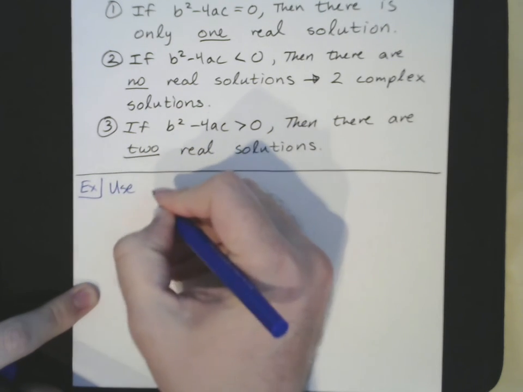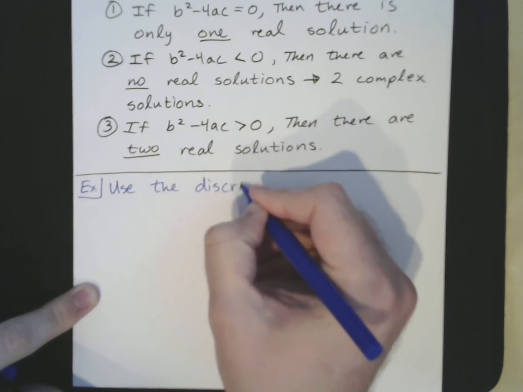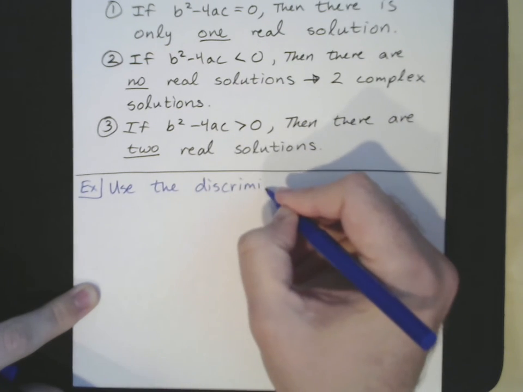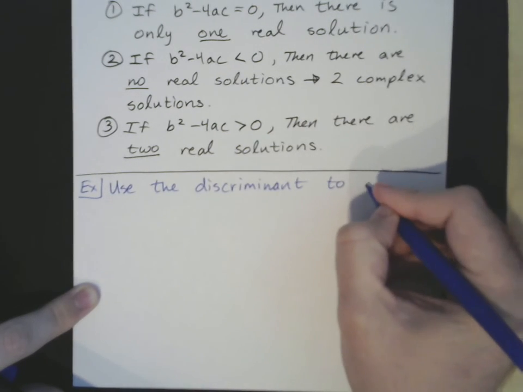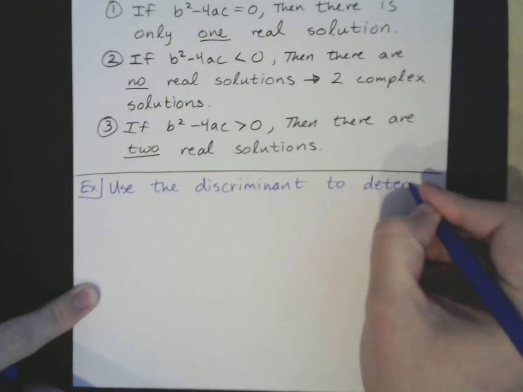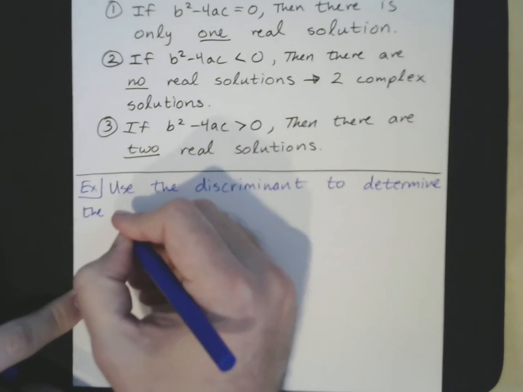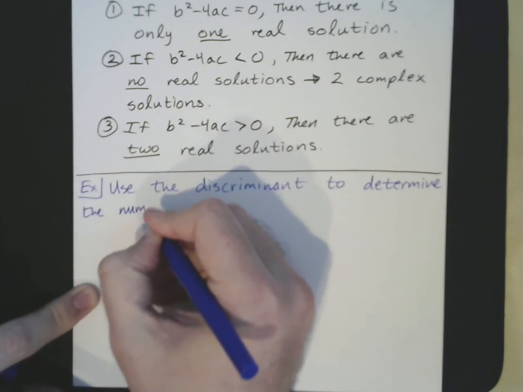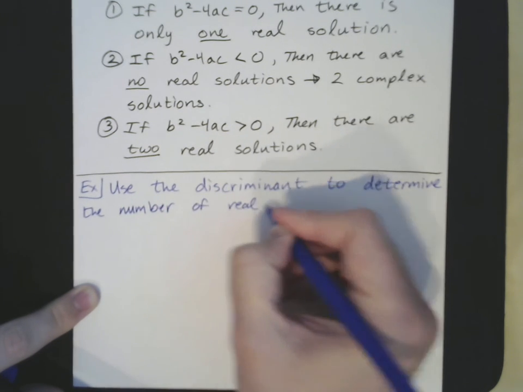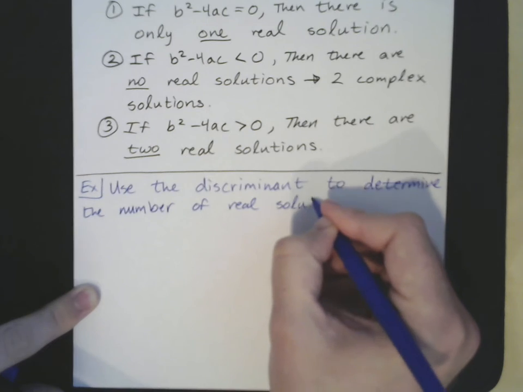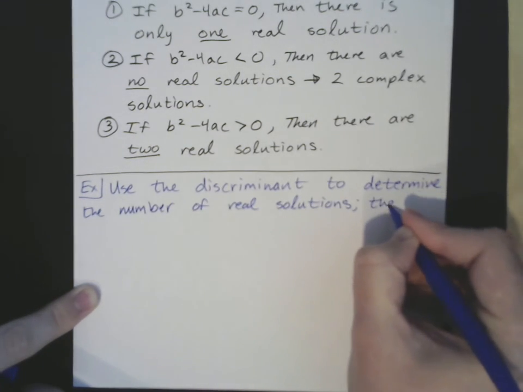So we are going to use the discriminant to determine the number of real solutions and then we're going to solve.